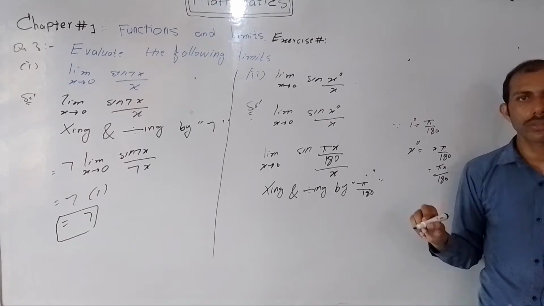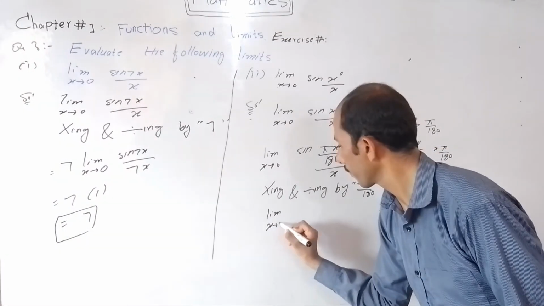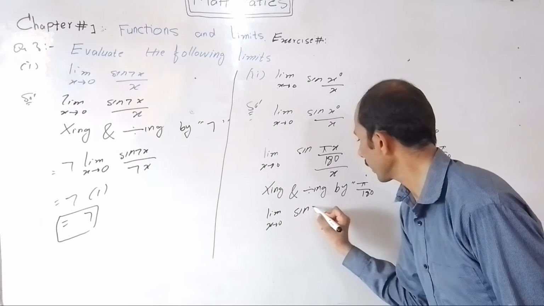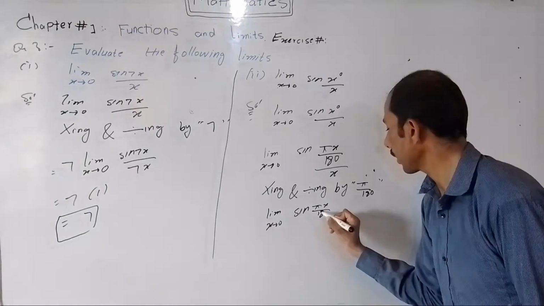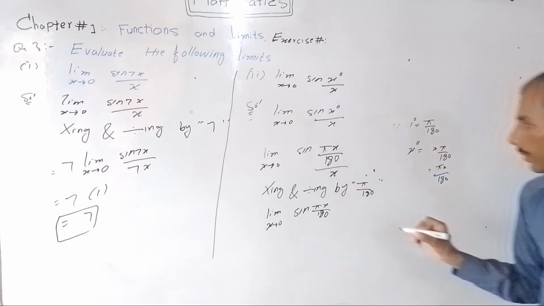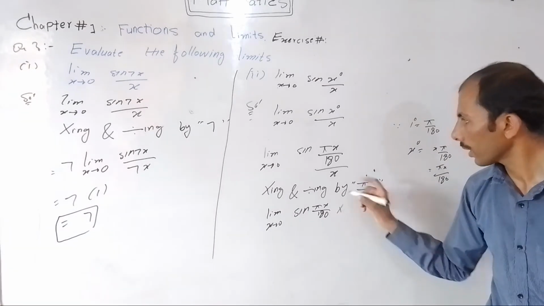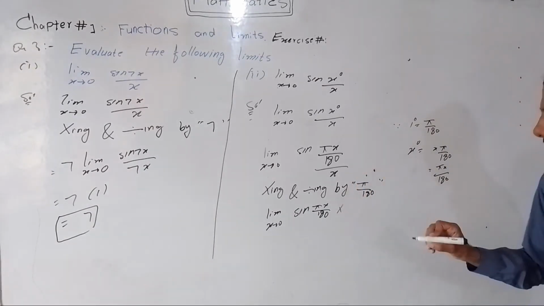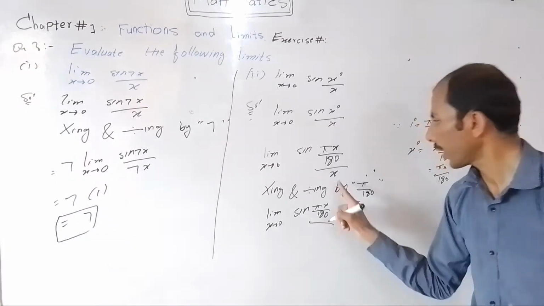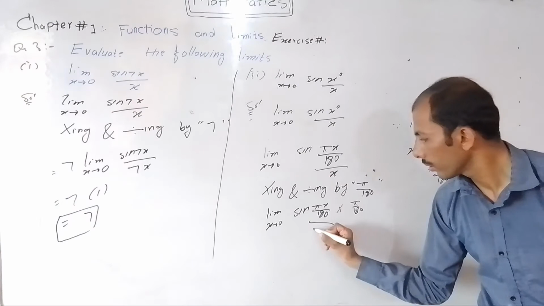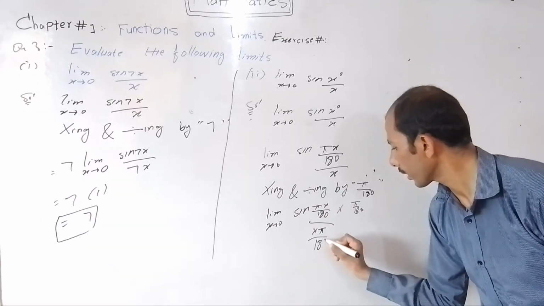So limit x approaches to 0 of sin pi x divided by 180, multiplying pi divided by 180 and dividing x, already given, pi divided by 180.